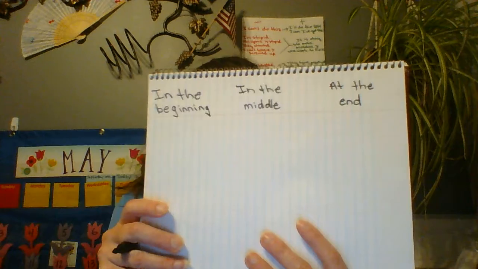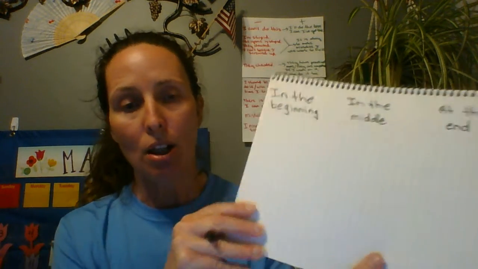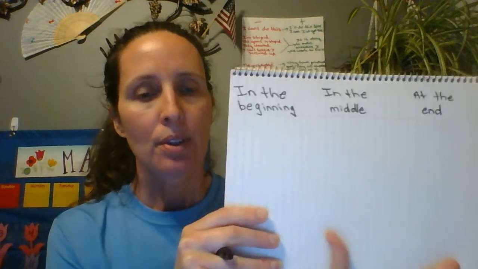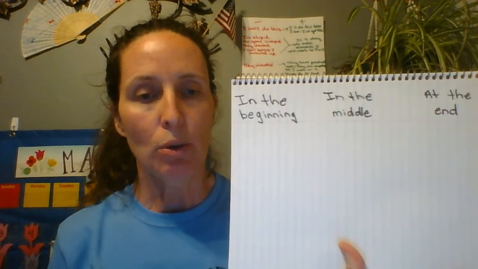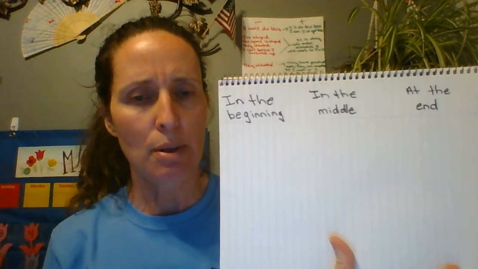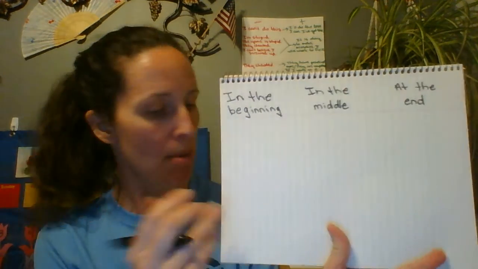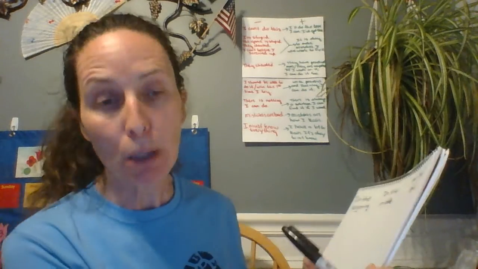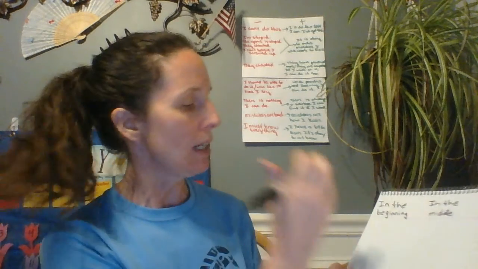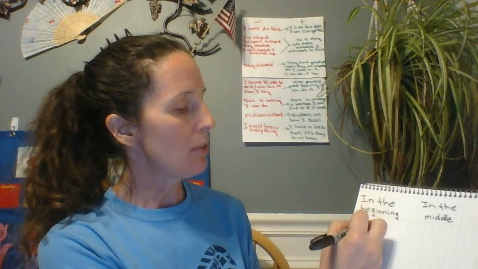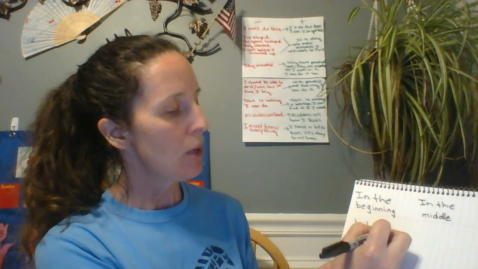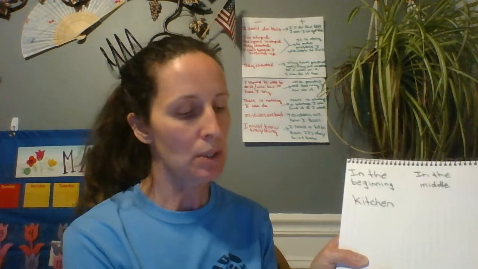Okay, so what did Oliver, that naughty cat, do at the beginning of the story? Where was Oliver? Who remembers? Yep, I remember. Oliver was in the kitchen. So we're going to make our plan for our writing. So at the beginning, Oliver was in the kitchen. We're not going to write whole sentences yet. We're just writing our plan. He was in the kitchen.